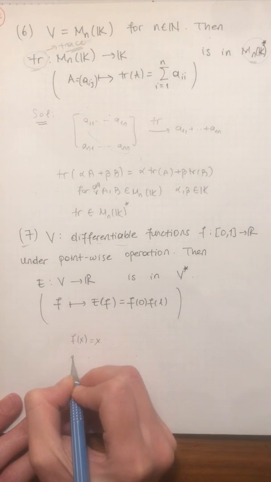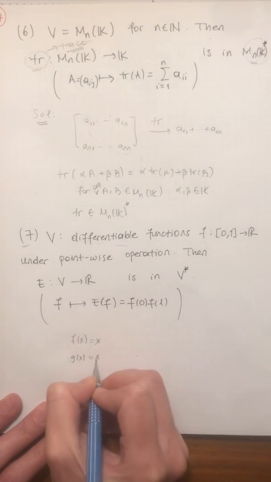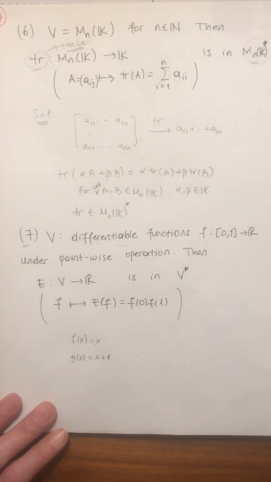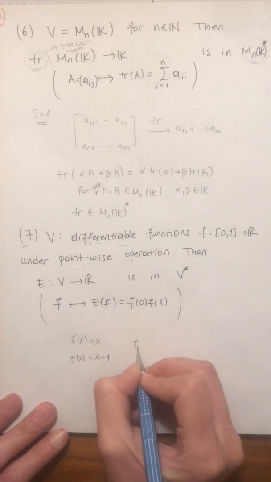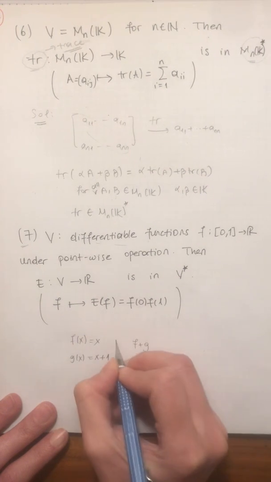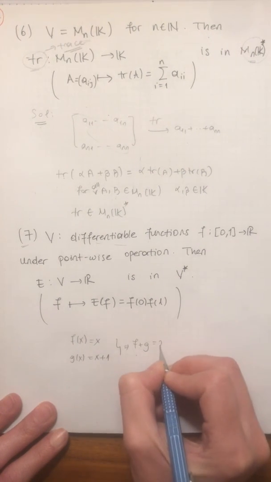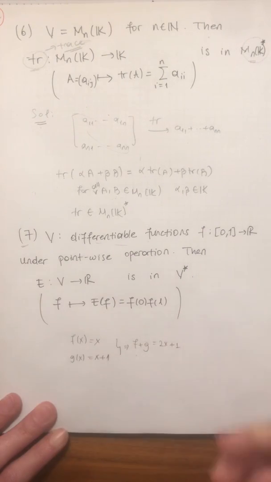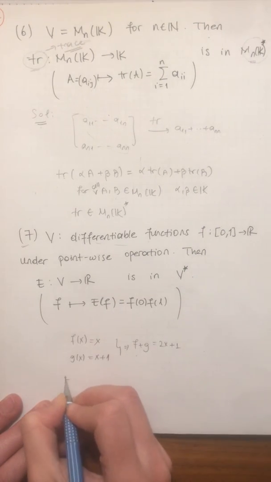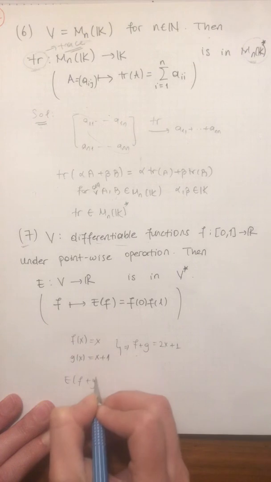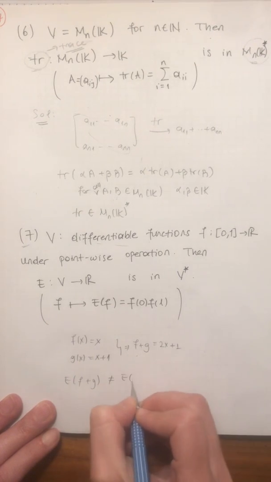We consider two polynomials in this form, and f plus g can be defined pointwise, and we see that linearity fails.